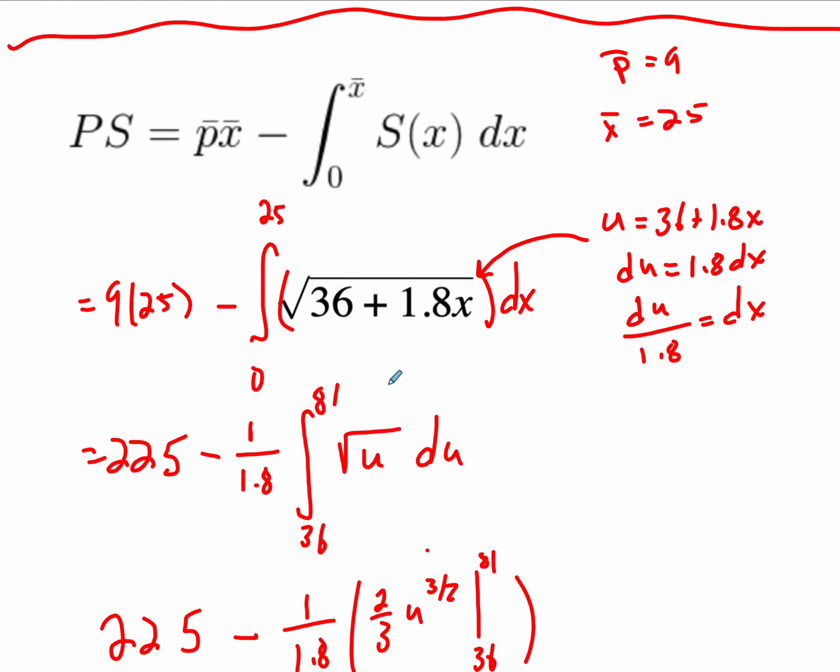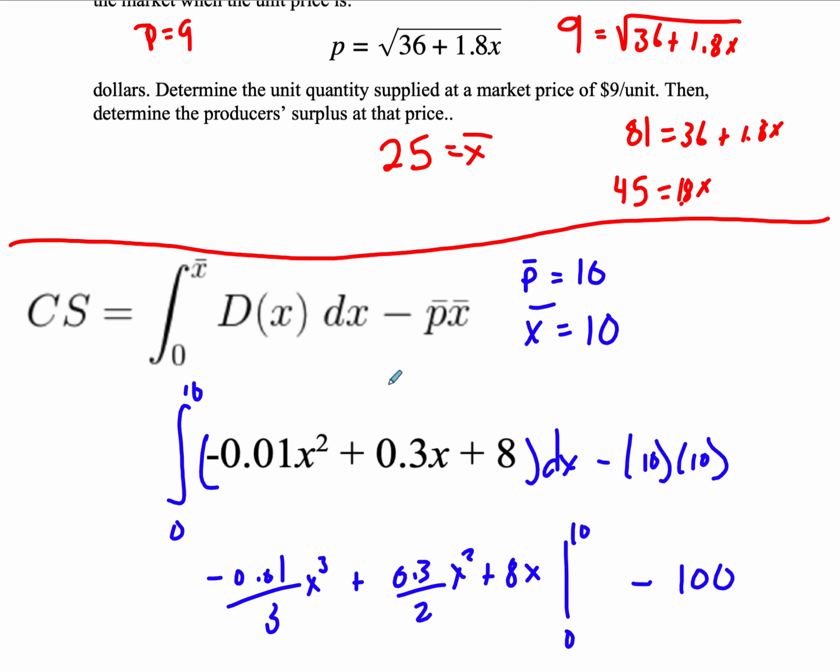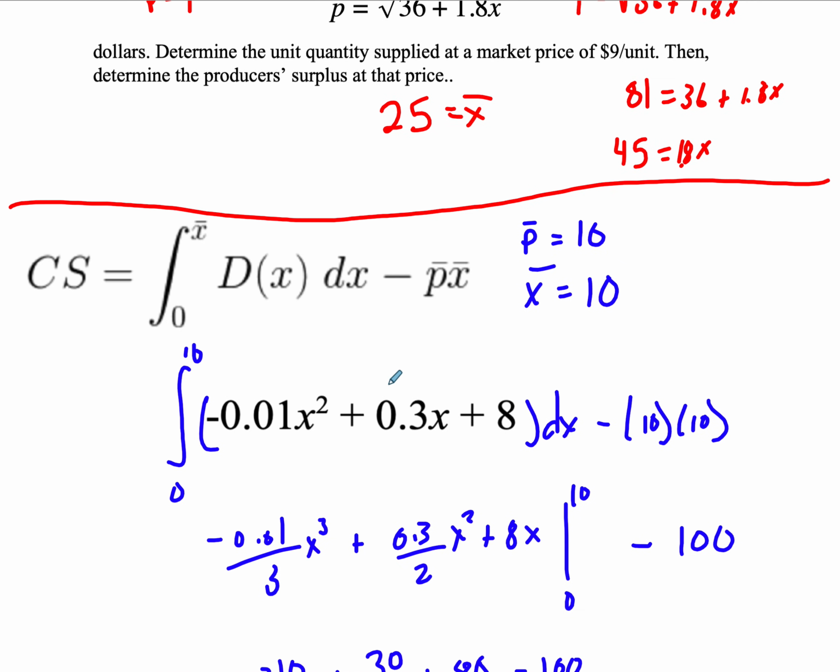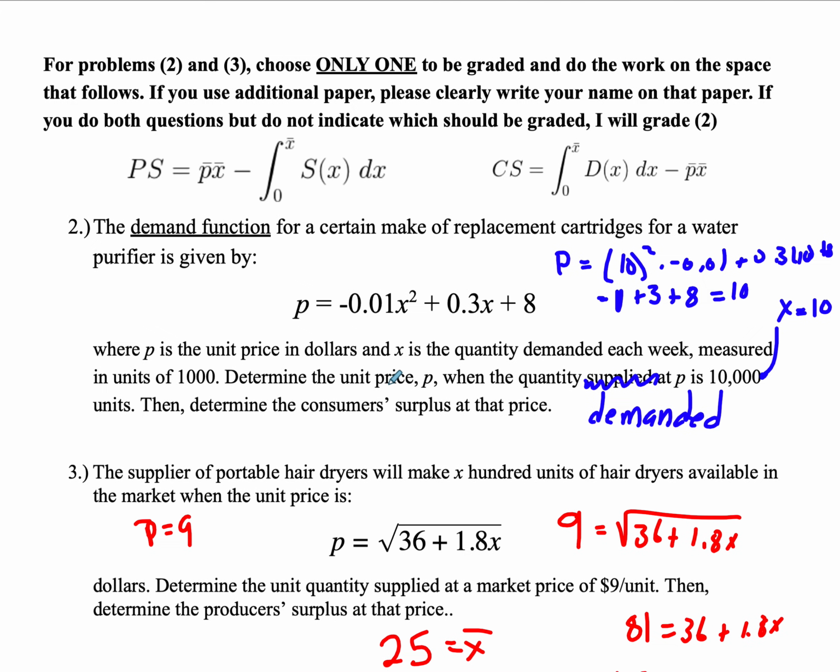So the idea here is this. In order to do a producer surplus or a consumer surplus problem, you have to know the corresponding supply or demand function. You have to know the market price. You have to know the market quantity. That information has to be given to you, or it has to be clear how to calculate it. So in this one, what I try to do is meet you halfway: I'm going to give you one of these pieces of information, and you need to find the other.